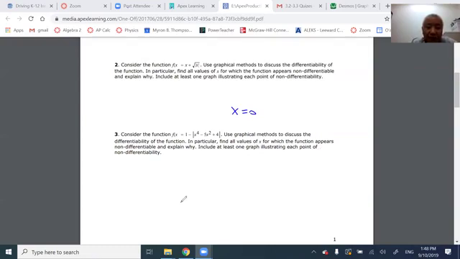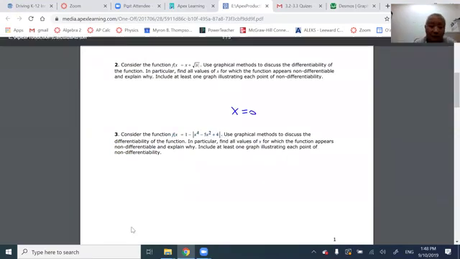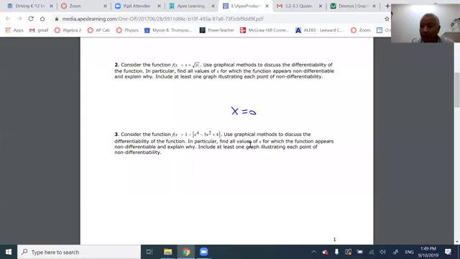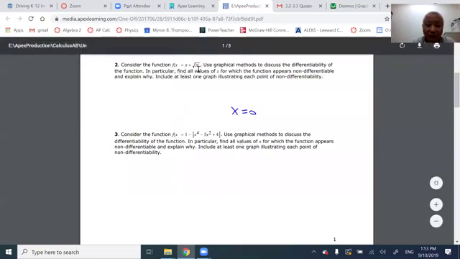For this one, similar to what we did here, we need to get this function first. Hopefully I can copy and paste this one there, or I just write it down. Hold on. Okay, now we're going to graph this one, the same method as what we learned from doing the previous one.